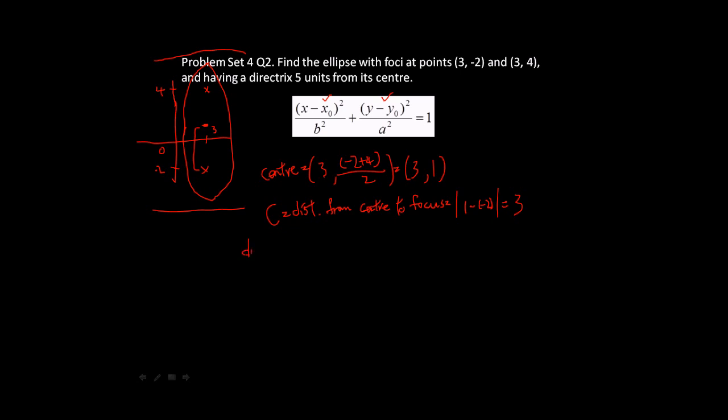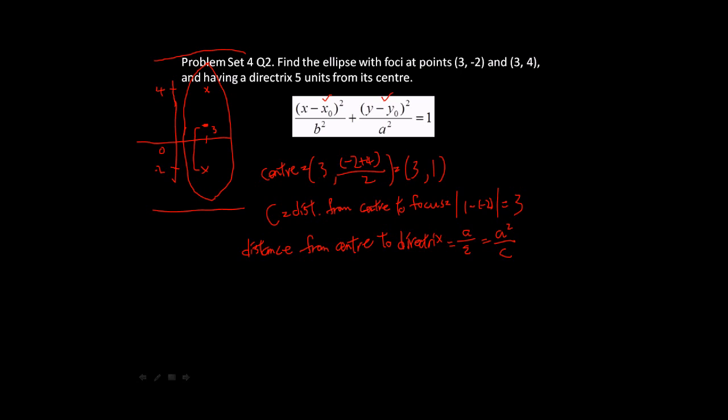So what we have here is the distance from center to directrix is equal to A over epsilon, right? Which of course is A squared over C, which is the definition of epsilon.